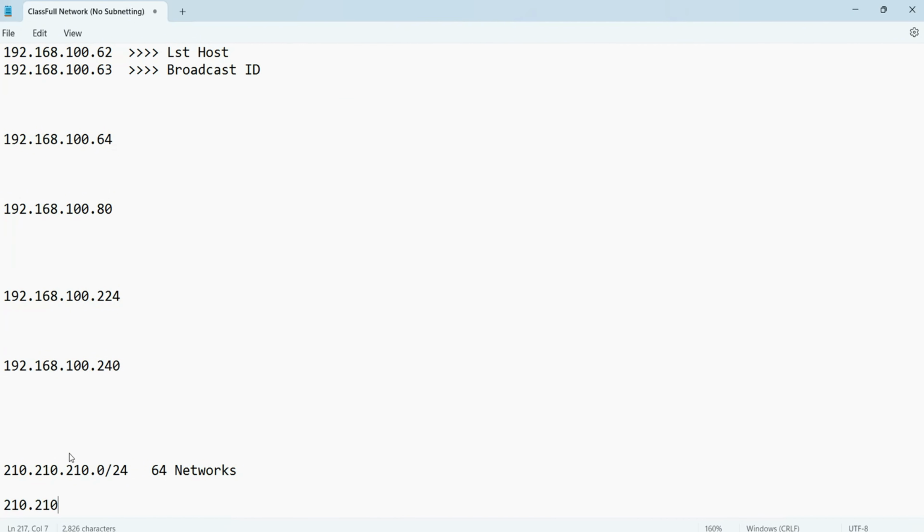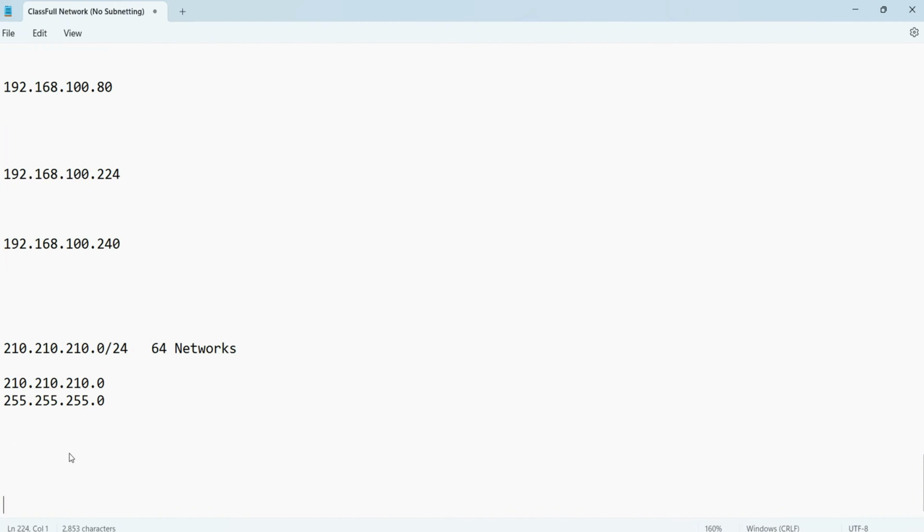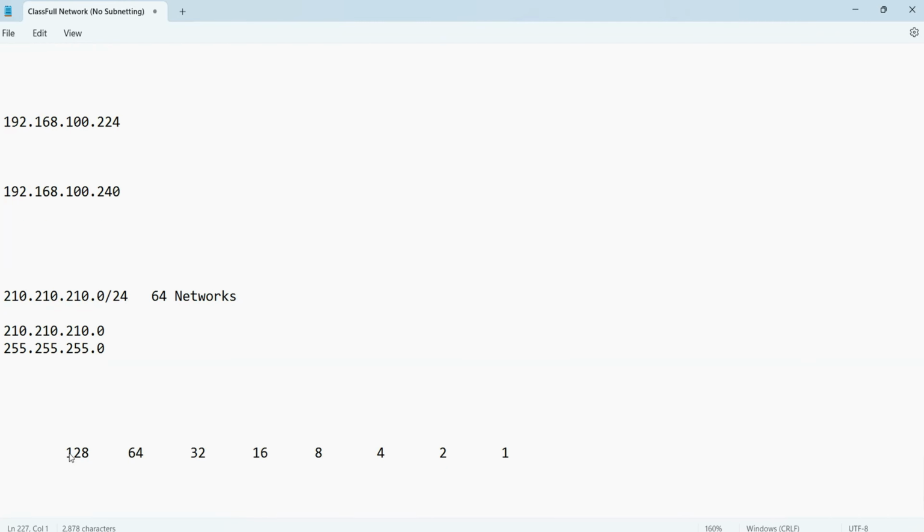So 210.210.210.0, the default mask, 0. Let me put 128, 64, 32, 16, 8, 4, 2, 1. And I'm looking for 64 networks. Let me convert: 1 through 8, 1 through 8, 1 through 8, 1 through 8.